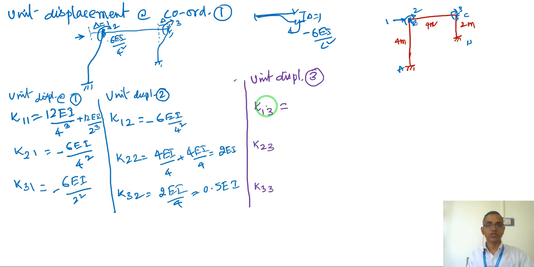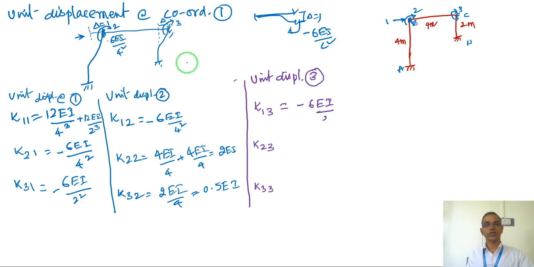Or another way to say, due to unit displacement at 1, how much effect at 3? Both are same. That is k13 equal to k31, which is nothing but minus 6EI by L square. So k13 is k31, which is by L square.